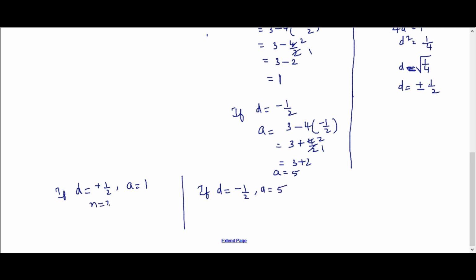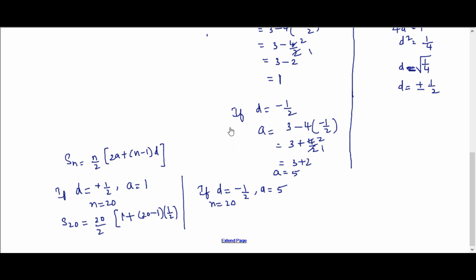Then n is 20 here, here also n is 20. Let me solve. S20 is equal to 20 by 2, bracket a is 1 plus n minus 1, 20 minus 1 into 1 by 2. Sn formula I am using: n by 2, 2a plus n minus 1 into d. Correct? So this is what I have to use.